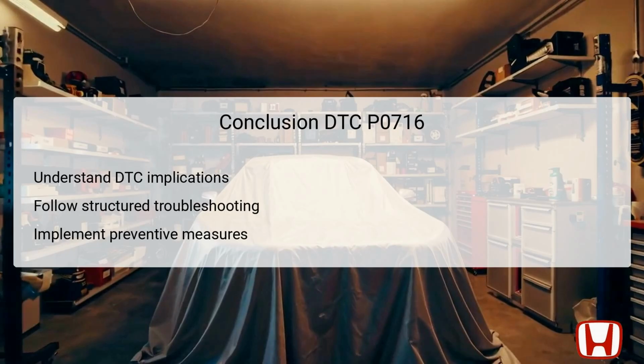Implementing preventive measures, such as regular inspections and maintaining fluid quality, can significantly reduce the likelihood of encountering such error codes in the future. By adhering to these practices, both vehicle owners and technicians can contribute to the longevity and reliability of the Honda CR-V's automatic transmission system.